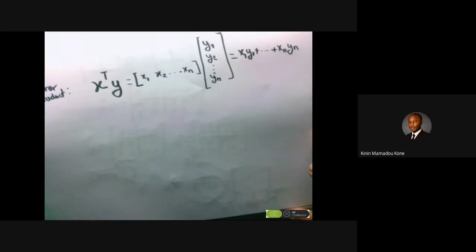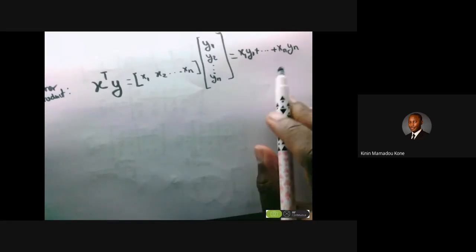The result will be a scalar, a one by one matrix.